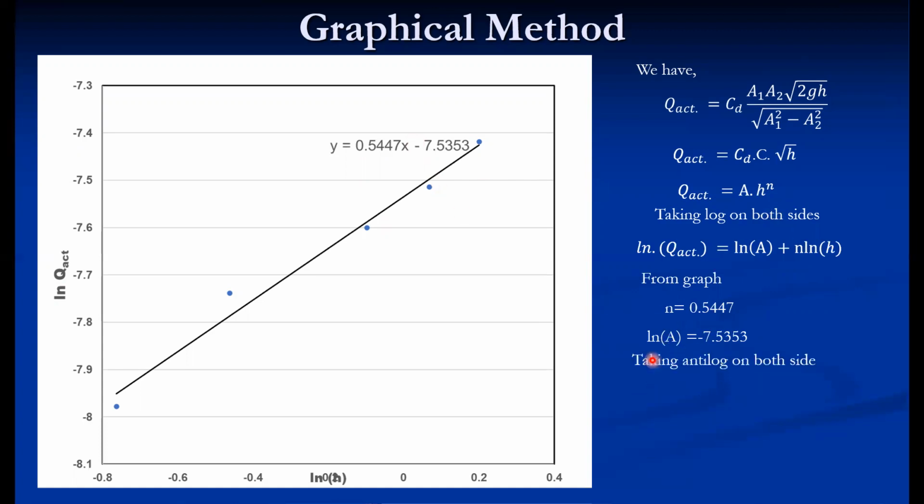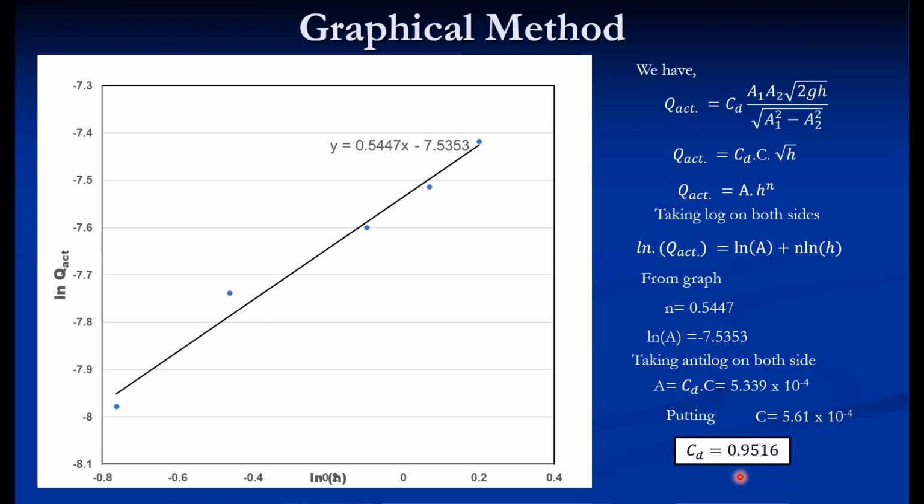By taking anti-log, we get the value of A. A is also called CD into C, that is equal to this. Putting the value of C, that is 5.61, we can calculate CD. So graphically we are getting the value 0.9516. This is the graphical value of CD.